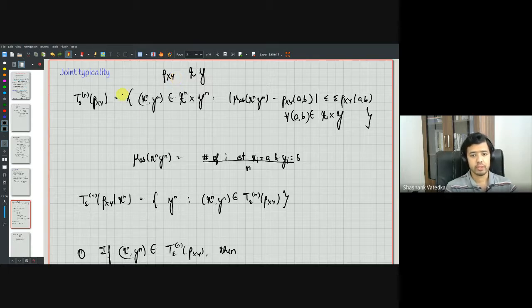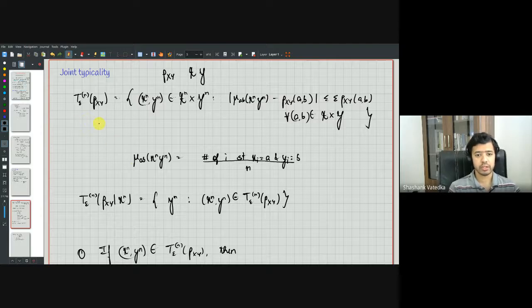So we say that a pair of sequences x^n and y^n are jointly typical, or epsilon jointly typical, with respect to Pxy if the fraction of occurrences of pairs of symbols, say a and b, is very close to the actual probability of occurrence of ab.